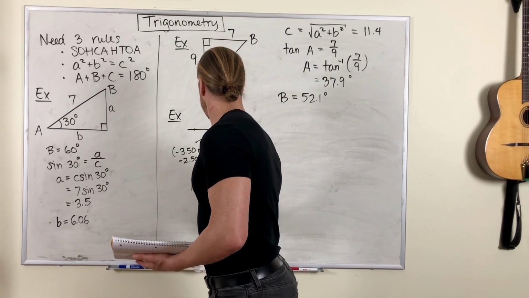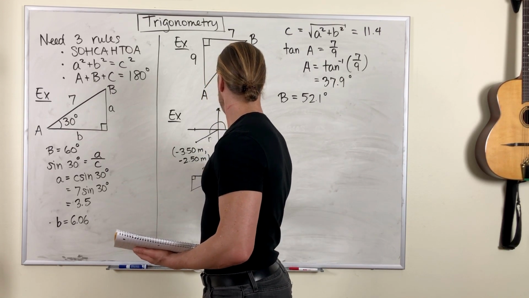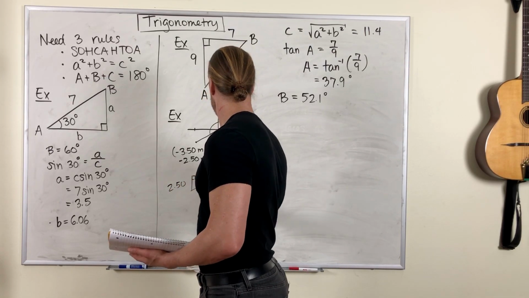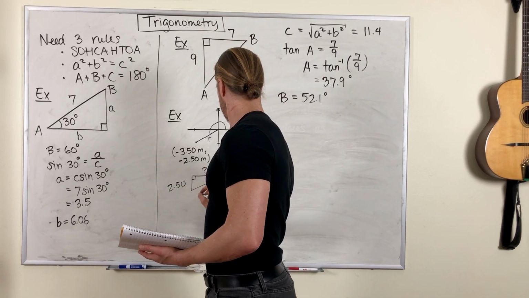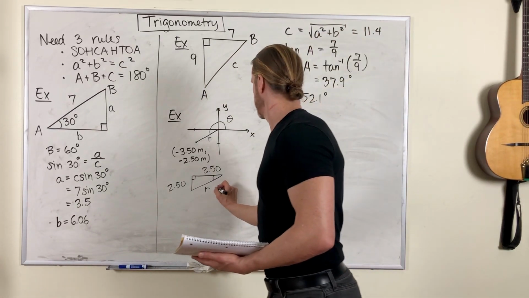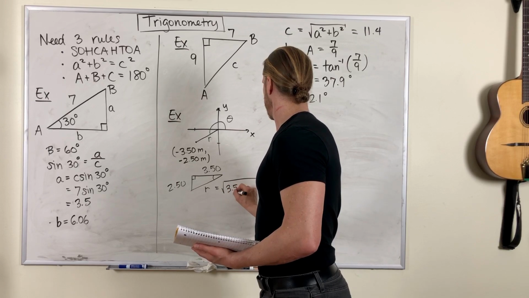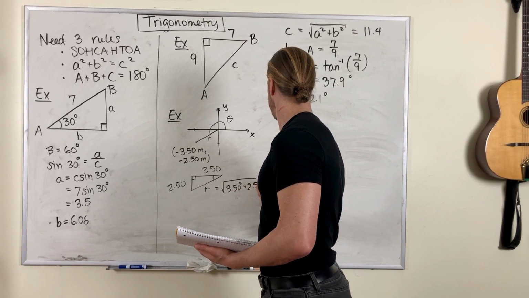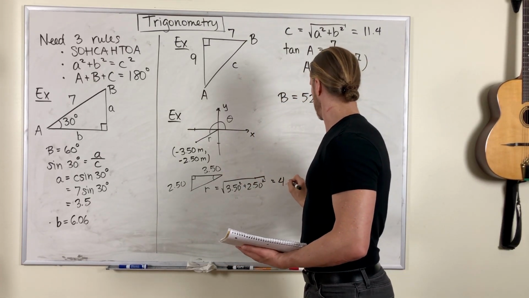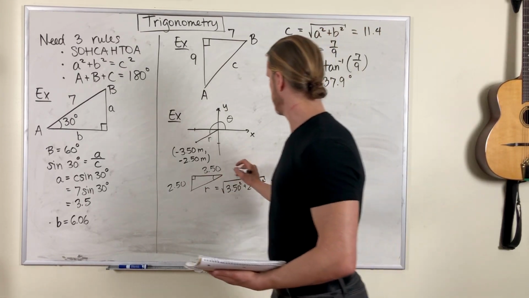Probably the easiest way to do it is to just picture this as a right triangle with one side 3.5, one side 2.5, and there's our hypotenuse, which is square root of 3.5 squared plus 2.5 squared. 4.3 meters.